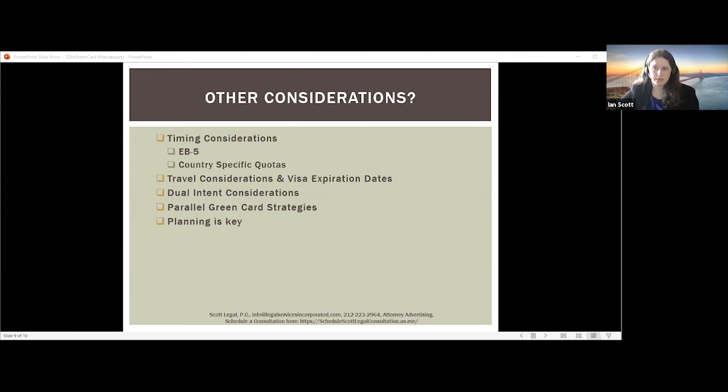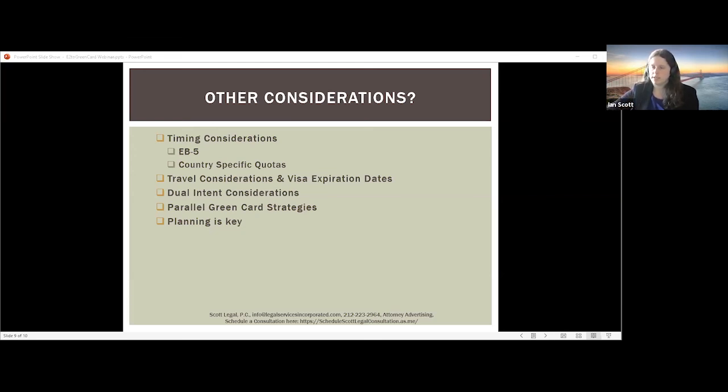Sometimes those can take anywhere from 3 months to 8 months or even longer. So if it's not going to be okay for you to file that green card petition and stay in the United States for several months, you may want to consider consular processing, because that will allow you to travel freely on your current non-immigrant visa.